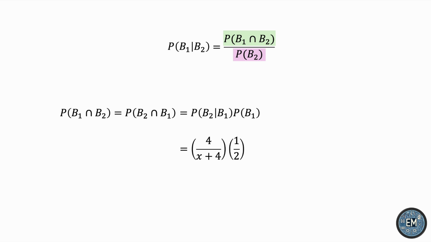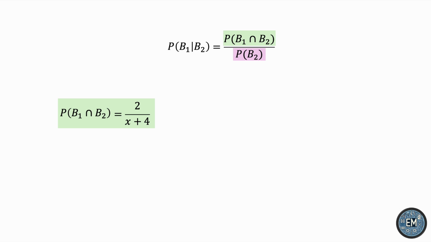Now, B1 is just 1/2, because on day 1, there is a 50% chance that the child born will be a boy, and a 50% chance that it'll be a girl. So doing this, we get 2 over X plus 4, and that's the numerator.